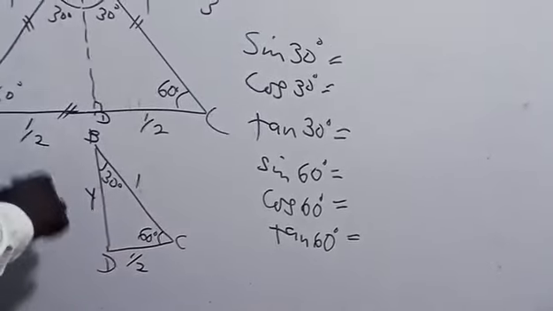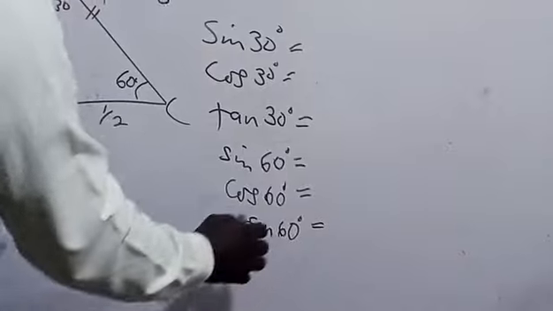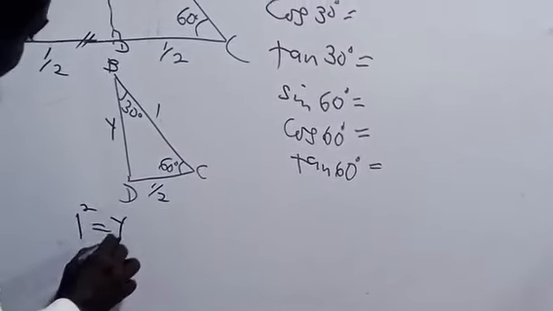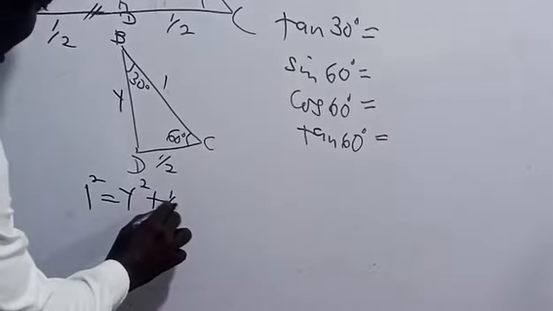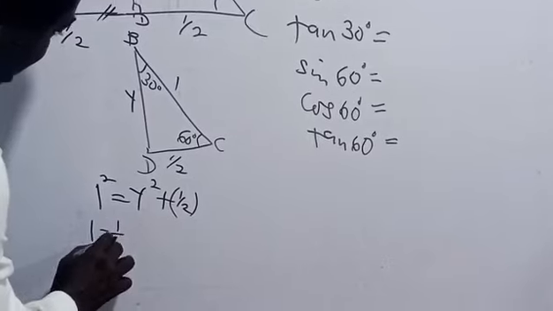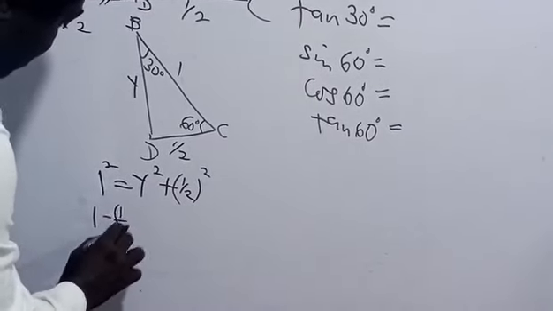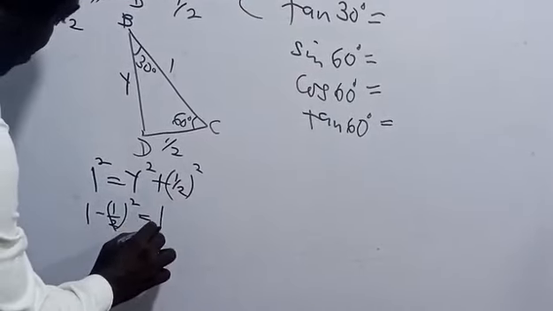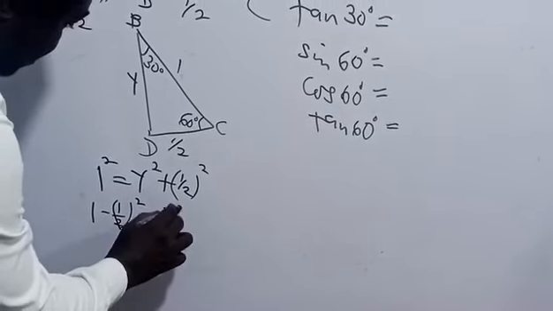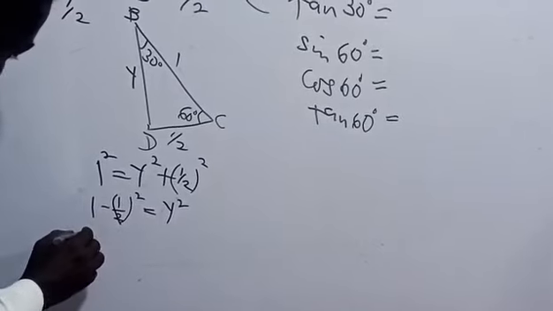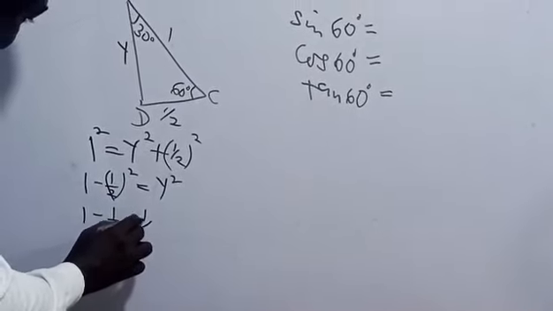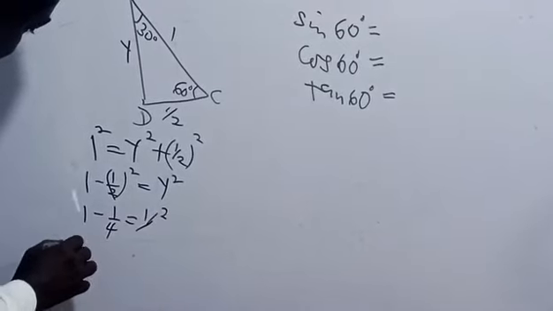Let's call it y. To determine this place, we work it out as 1 squared equals y squared plus half squared. So it will now be 1 minus half squared equals y squared. This is the same thing as 1 minus 1 over 4 equals y squared.